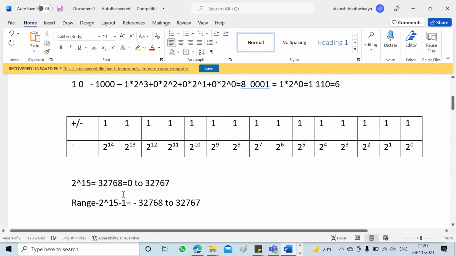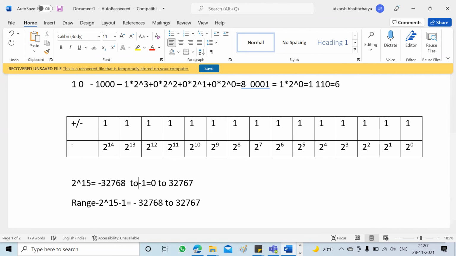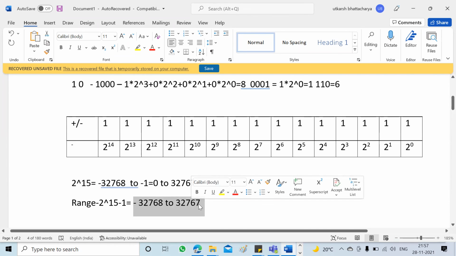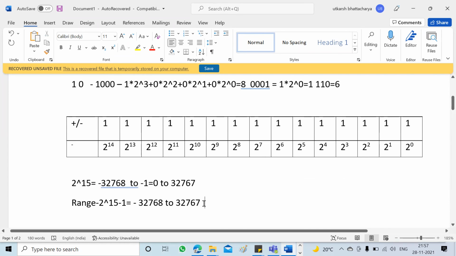That means you put a minus sign here. That is behind 0. From -1, the range changes to -1 down to -32768. That is the range. So the total range is going to be -32768 to 32767. Is it a little bit clearer now?